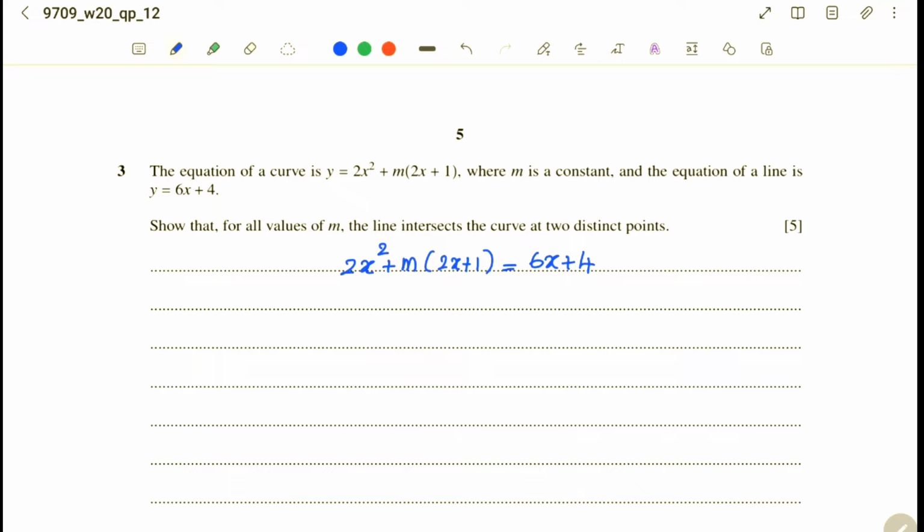Now rearrange this equation: 2x² + 2mx − 6x + m − 4 equal to 0. So from this, let's find out what b² − 4ac is.